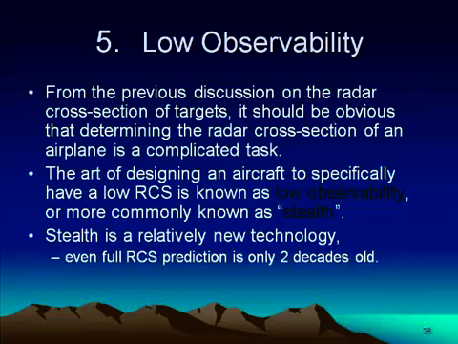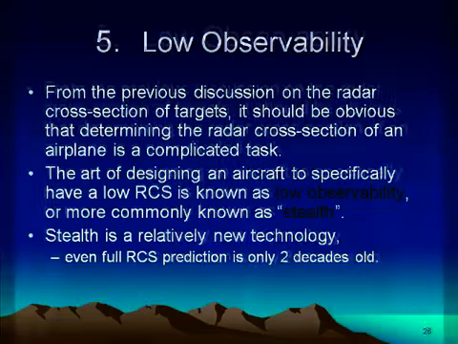And for this low observability, we should see that the target is made up of low conducting material. Also, the shape is such a way that the scattered signal is much less towards the intercepting radar system. If you are able to do this with a large size target, then we call this stealth operation.